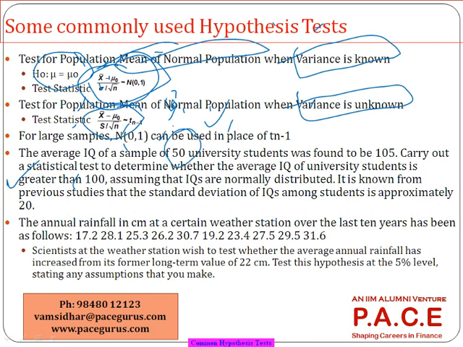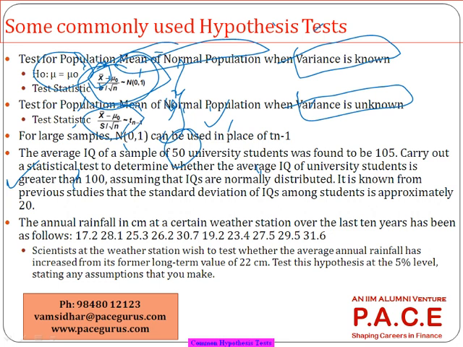Depending on whether the population variance is given or not, I'll choose whether to go with the normal or the t distribution. Our sample size is 50. For the sample, the average IQ was found to be 105, which means our x bar is 105.